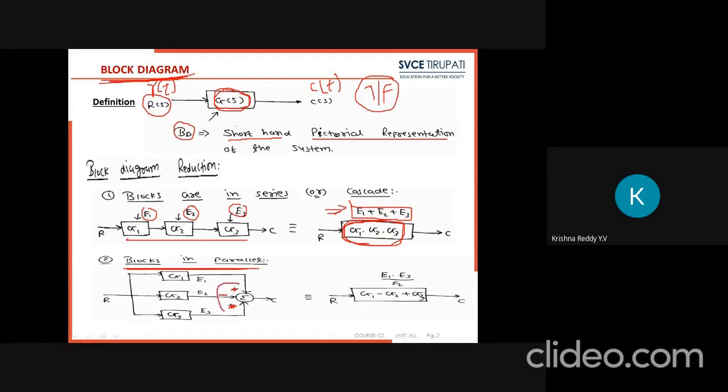Depending upon the system gains connected to the output, we make the addition. The error will be calculated in the same way: E1 plus E3 minus E2. Here mainly we need to focus on system gains. When the systems are connected in series, we need to multiply. When the systems are connected in parallel, we need to add.